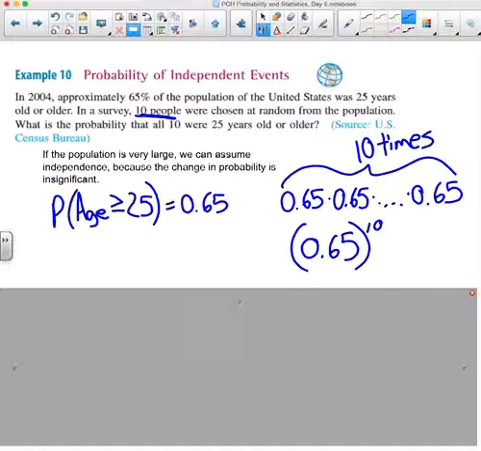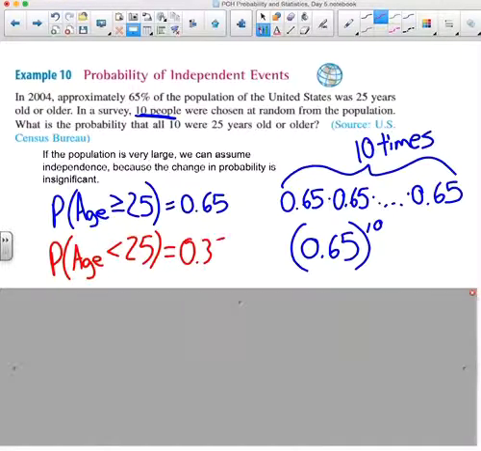What would the probability that all of them were less than 25 be? Let's think about it for one person. What's the probability that somebody is... Yeah, it's 0.35. 0.35.